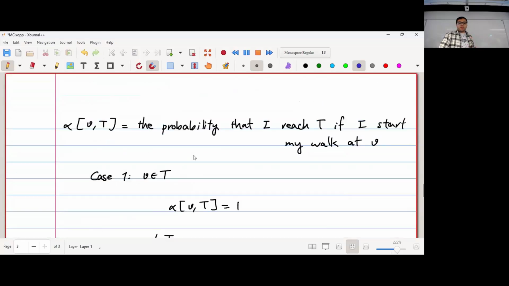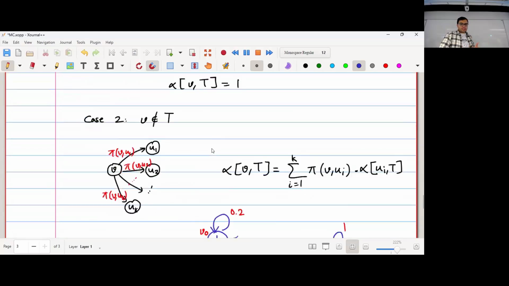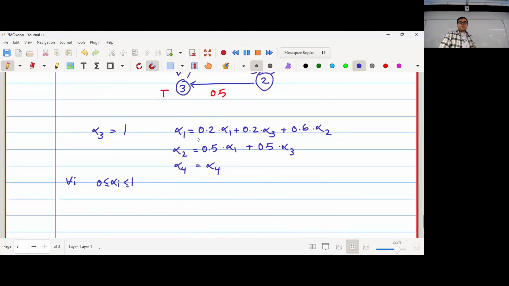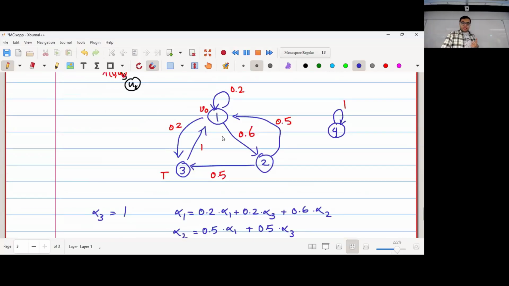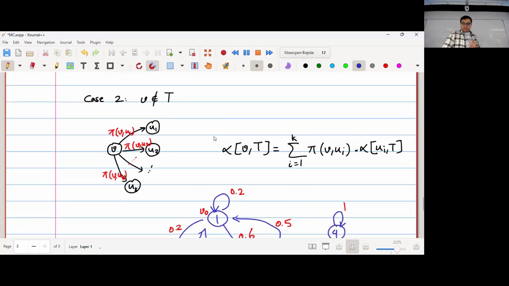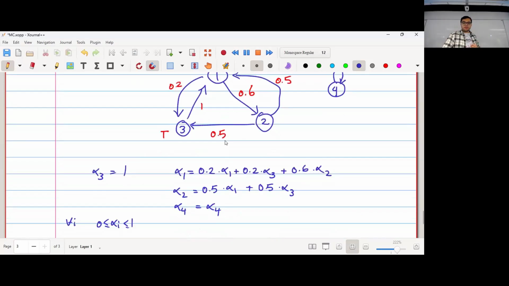Okay, so these probabilities exist. And of course, if these probabilities exist, then they satisfy these equations. So the equations have at least one solution, which is the correct probabilities that we're looking for. But the problem is that we might have several solutions. Okay.